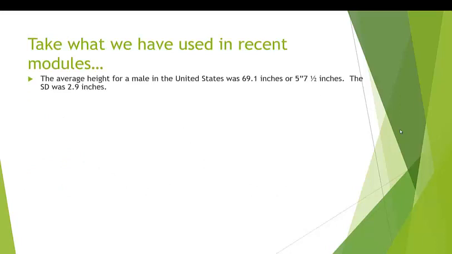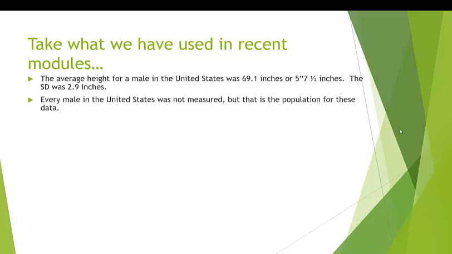So let's talk for a second about what we did in our last few modules. The average height for a man in the United States was 69.1 inches, or 5 foot 7.5 inches tall. The standard deviation for male height in the United States is 2.9 inches.